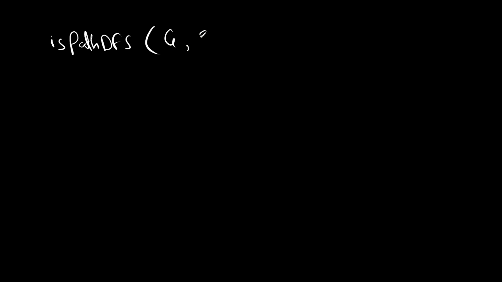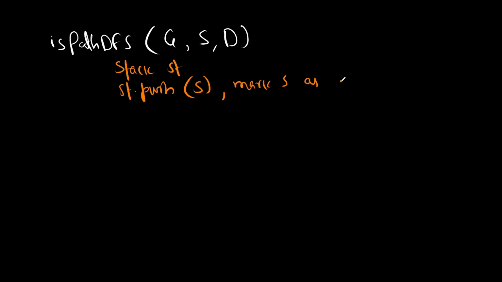So here we have graph, source vertex, destination vertex. Here we have to take a stack. So I will take a stack with name st, and then I will use this stack to push the source vertex inside this. And once you are done, mark s as visited.